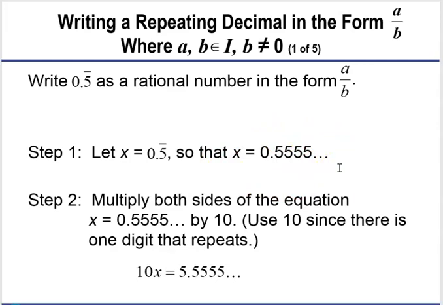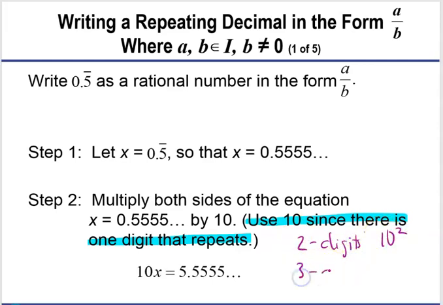Multiply both sides of the equation, x equals 0.5555, by 10, okay? Then it tells you why to use 10, and this is going to be the important part of this process. Use 10 since there is one digit that repeats. If there were 2 digits that repeat, we would multiply by 10 squared.